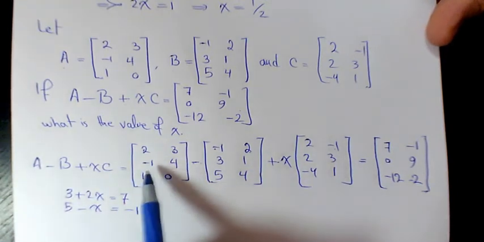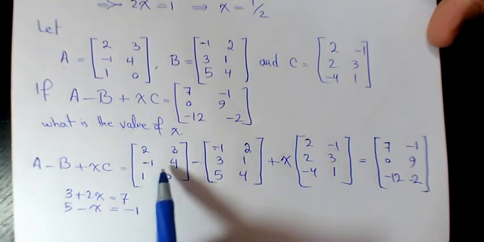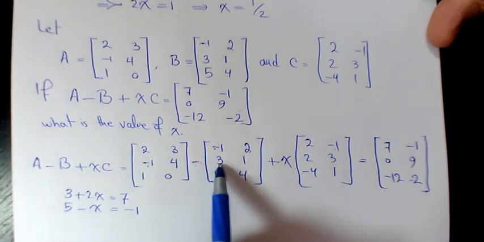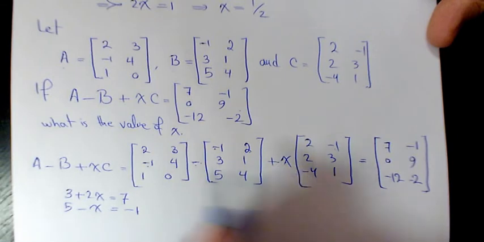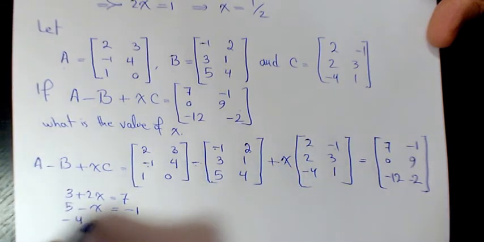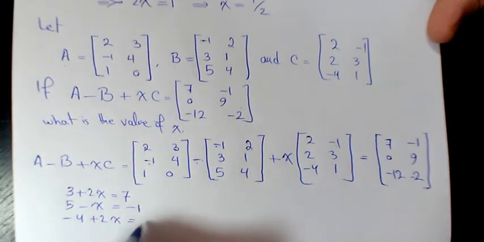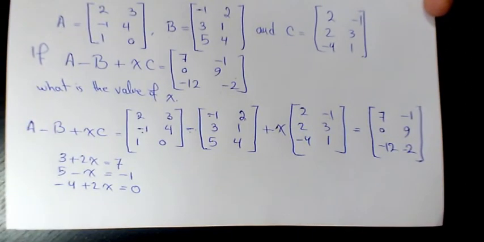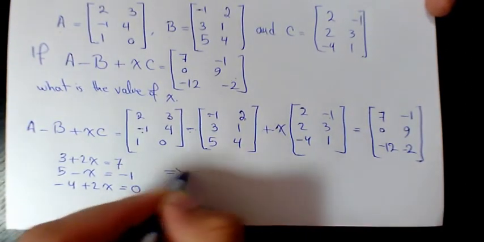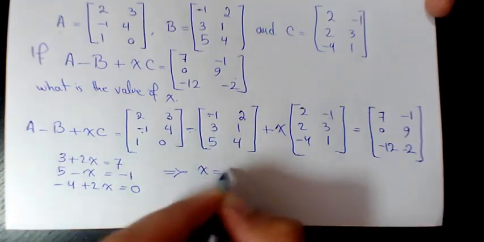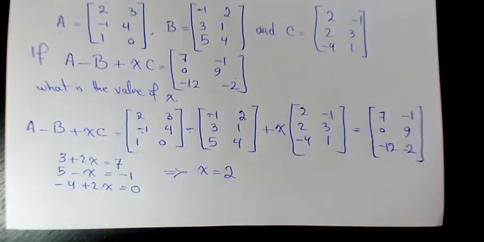Or, for example, negative 1 minus 3, which is negative 4, plus 2x equals 0. So we can solve for x by just finding the value from one of these equations. Just one of them is enough. So 3 plus 2x equals 7 means that x is equal to 2.